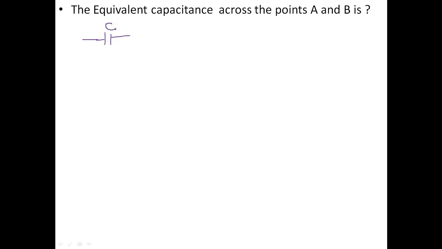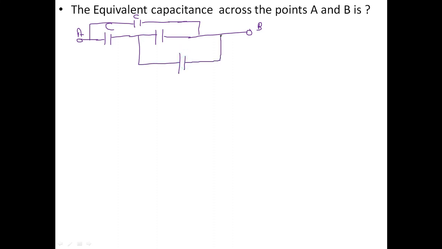This is our C1 circuit, and another circuit is C, and it is connected to a terminal B, and it is again A, and then it is again connected to one other terminal, that is C, and then another connected to this terminal, that is C.